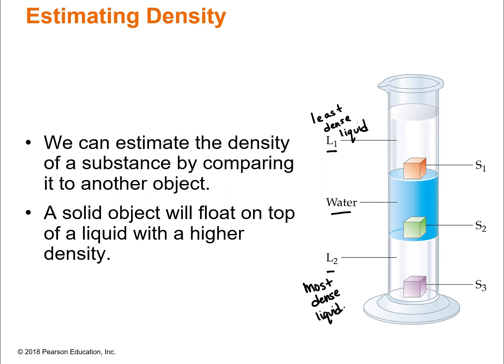The same concept is going to work for these solids. The least dense solid will be the closest to the top. And it is sitting on top of the interface between the liquid 1, or L1, and water.